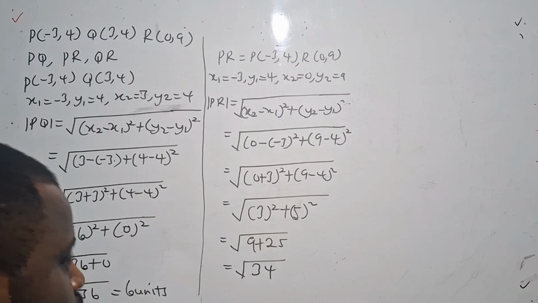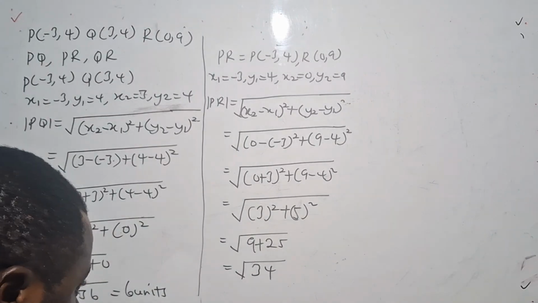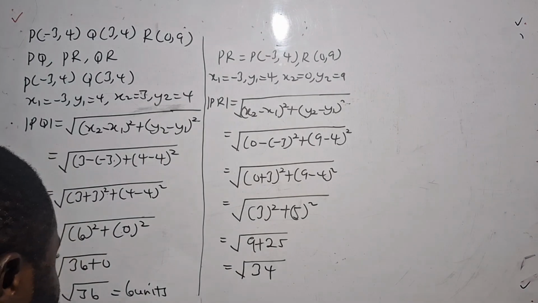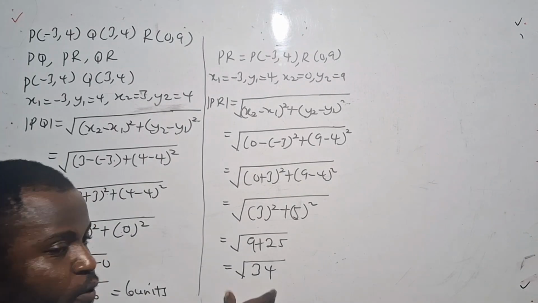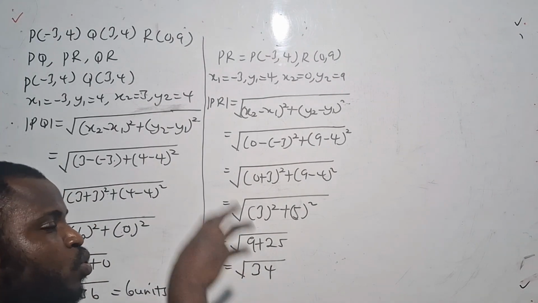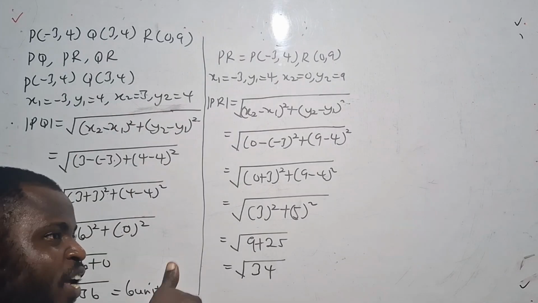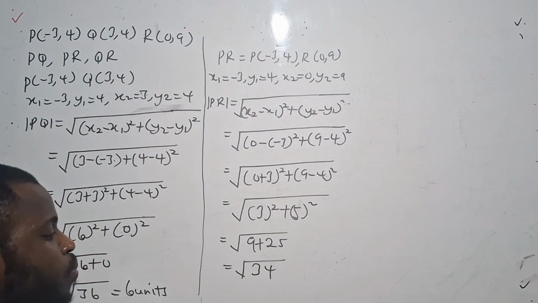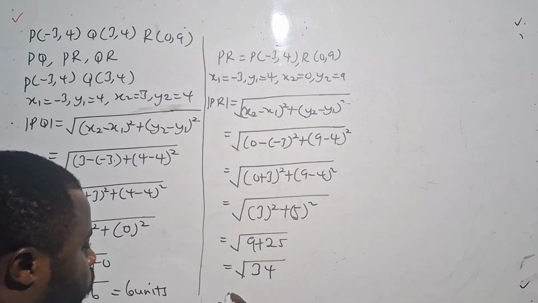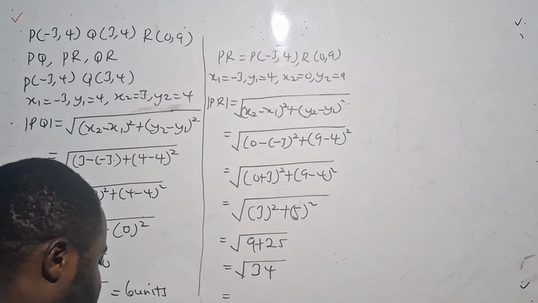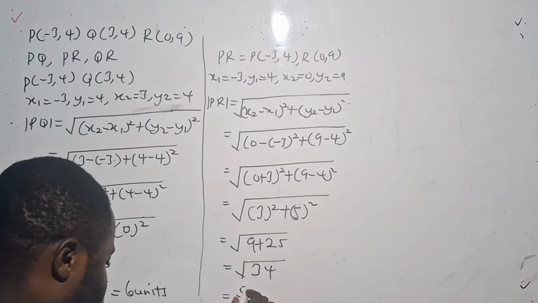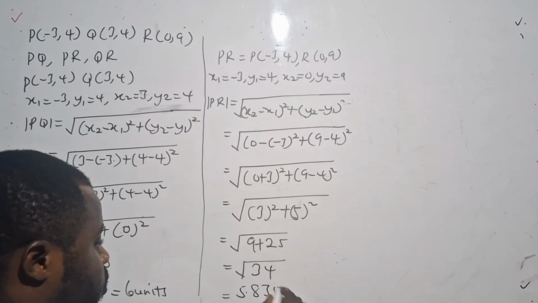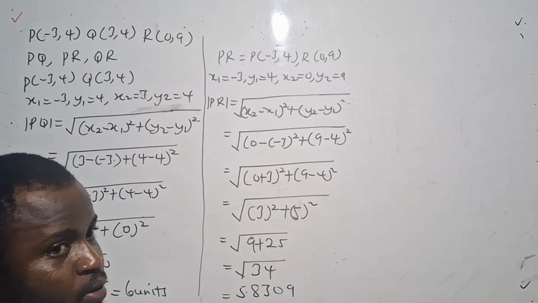This is what I was talking about. 34 is not a perfect square. So since this is not a perfect square, and the question says we should show that it's not any other triangle than equilateral, when you find the square root of this, you will get 5.8309.